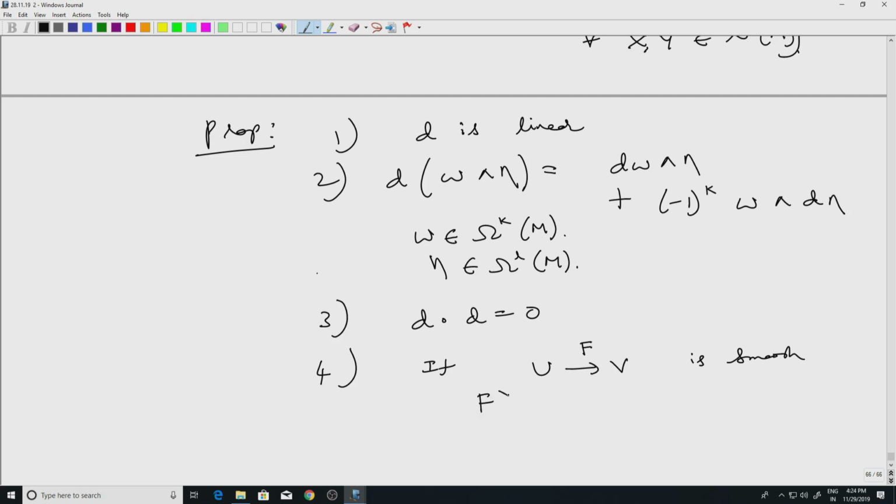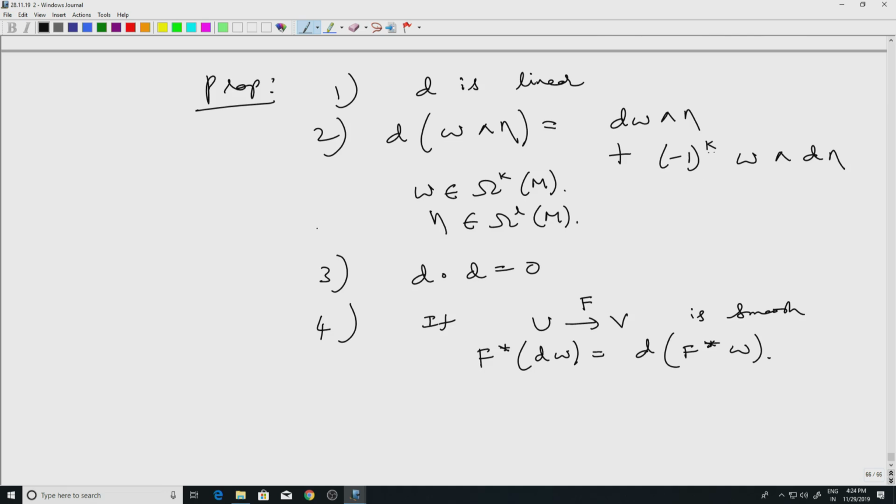F star commutes with d. This property will be crucial for going back to the manifold, for transferring everything back to the manifold. The first three properties anyway we want, it was in the theorem.